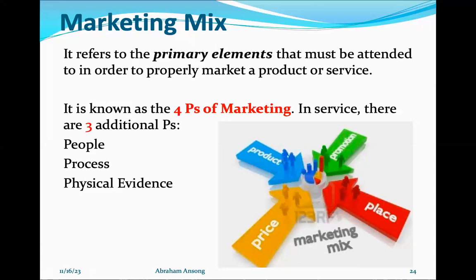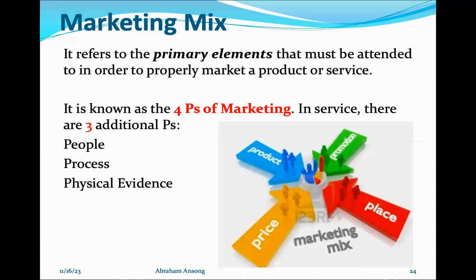to deal with. So with services, instead of the traditional 4 P's, product, promotion, place, and price, you have to consider additional 3 P's. And this consists of people, process, and physical evidence. Okay, these 3 additions are very, very important in the context of service, right?